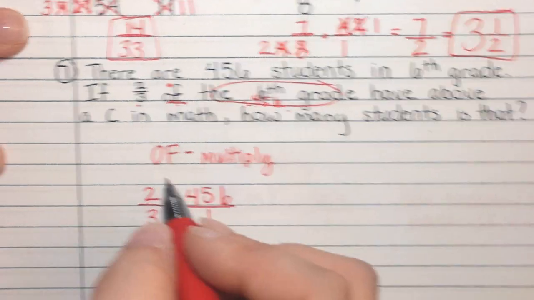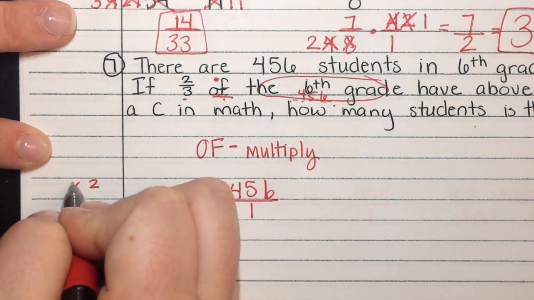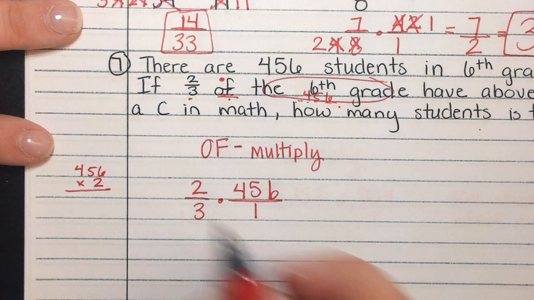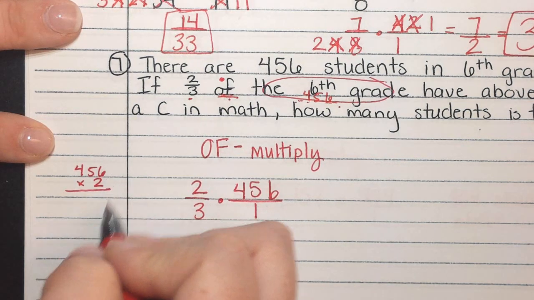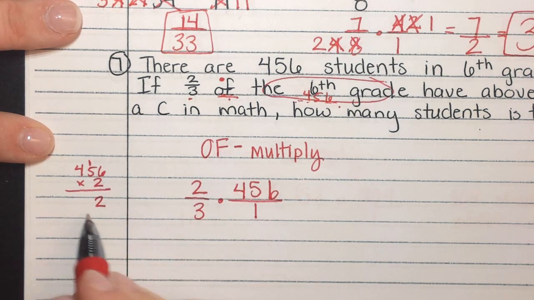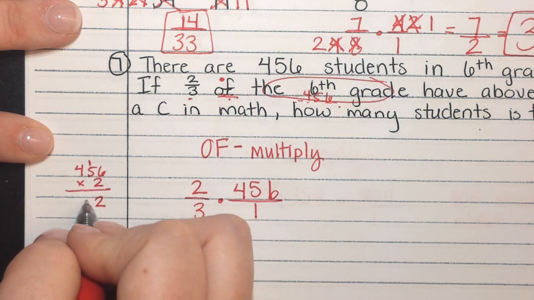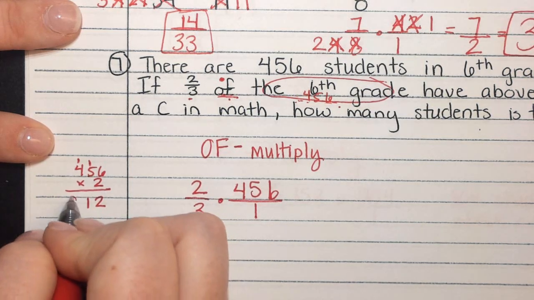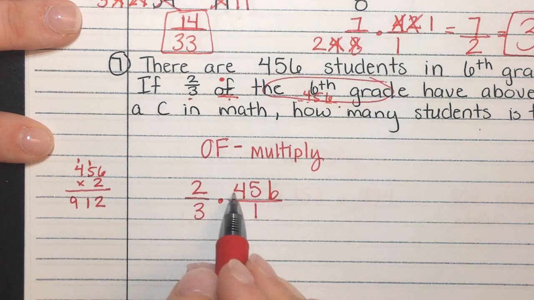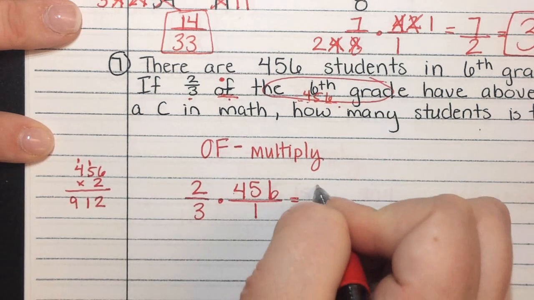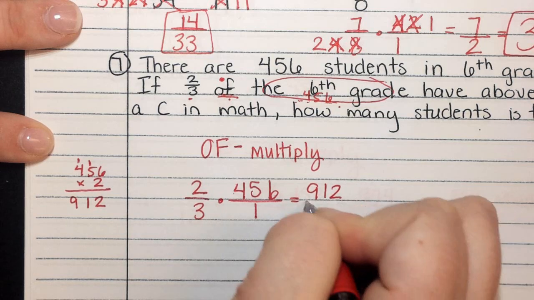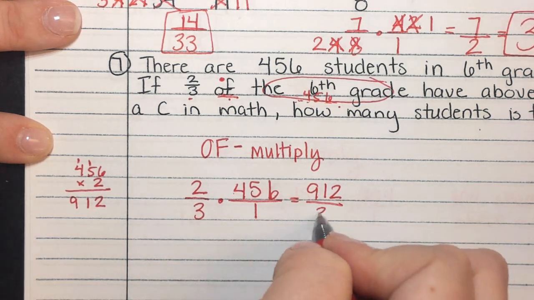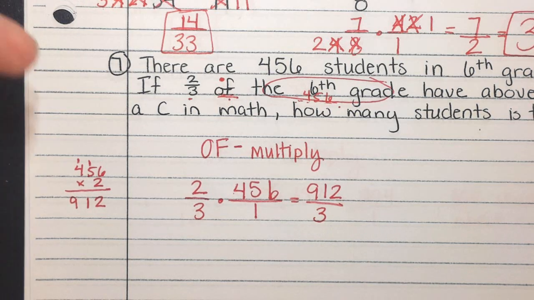I'm just going to go over to the side. 2 times 6 is 12. Put my 2, carry my 1. 2 times 5 plus the 1. Carry my 1. 2 times 4 plus the 1. So on the top, 2 times 456 is 912. Over 3 times 1 is 3. Okay? Is that a good way to leave my answer?